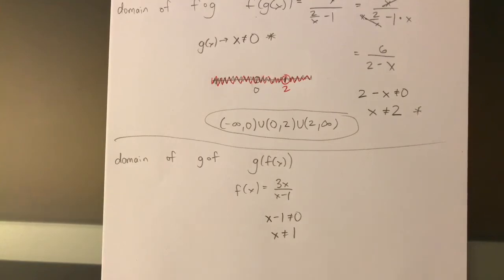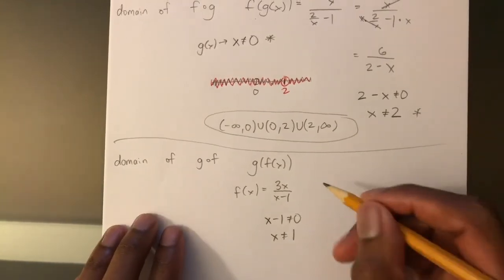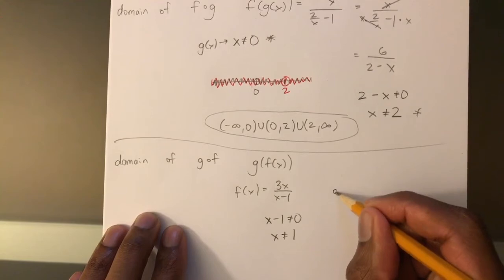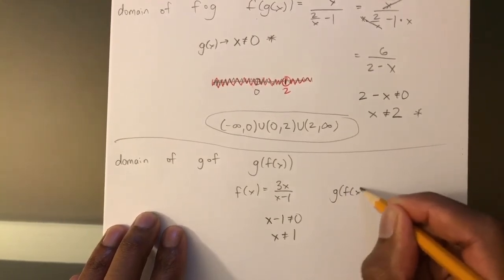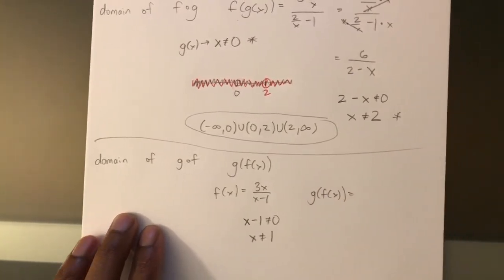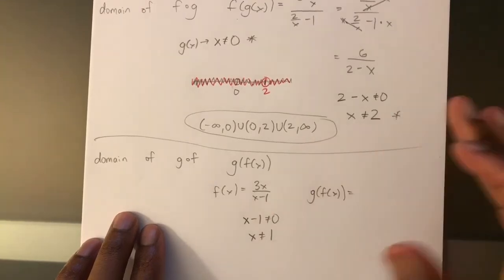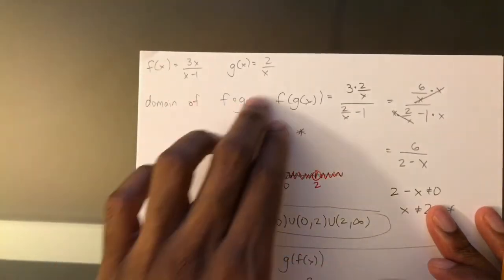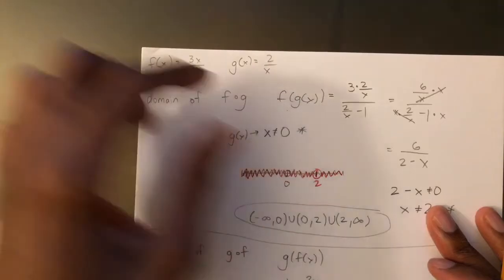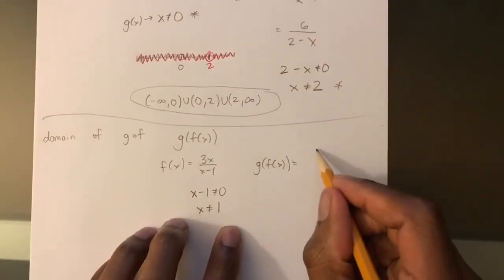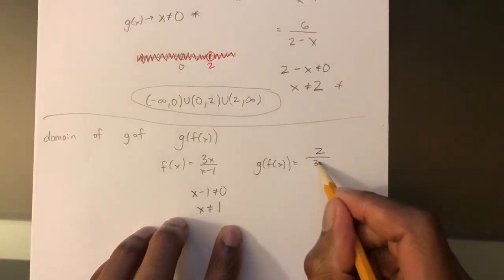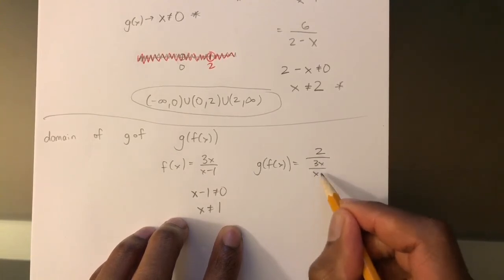Cool. Let's create this composition here. So when I plug f into g, what are we looking at? f will now go into g. So it's 2 over this whole expression here. So you got a fraction underneath a fraction.